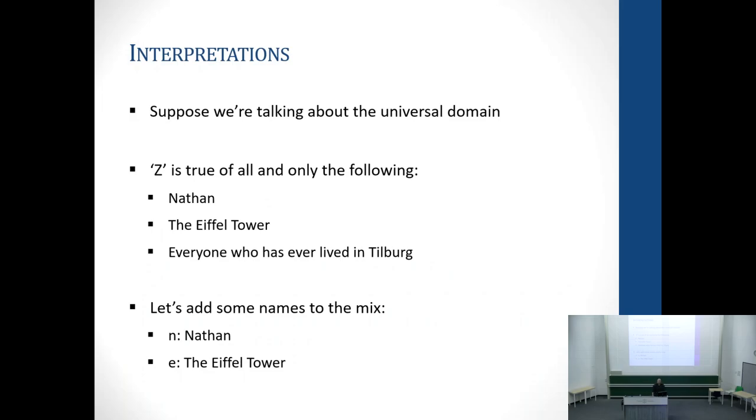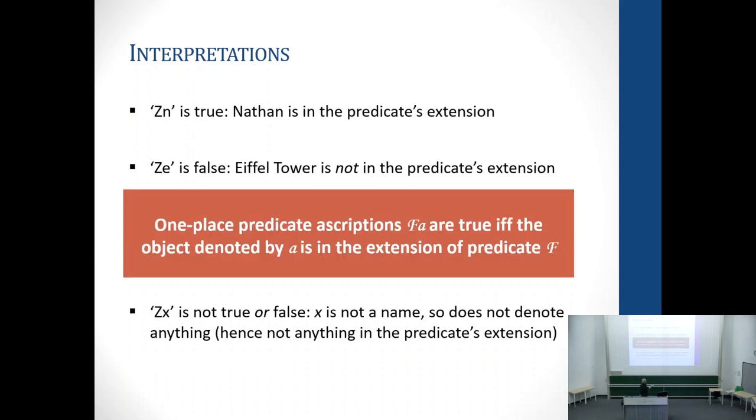Is Ze going to be true or false? It's true, right? It's true, because the thing named by e is in the extension of the predicate. There's the Eiffel Tower in the extension. There it is. So this is wrong, right?